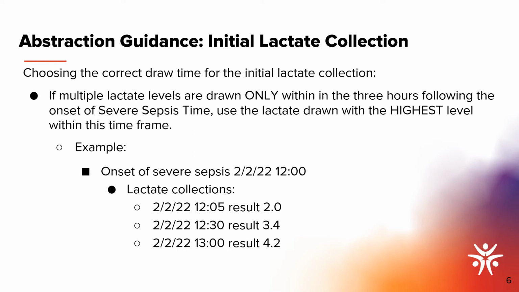In this scenario, the onset of severe sepsis was 12 o'clock. The lactate collections were as follows. At 12:05, there was a collection with a result of 2.0. At 12:30, the result was 3.4. At 1300, the result was 4.2.